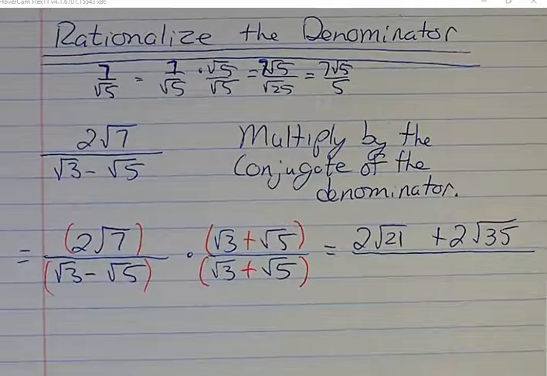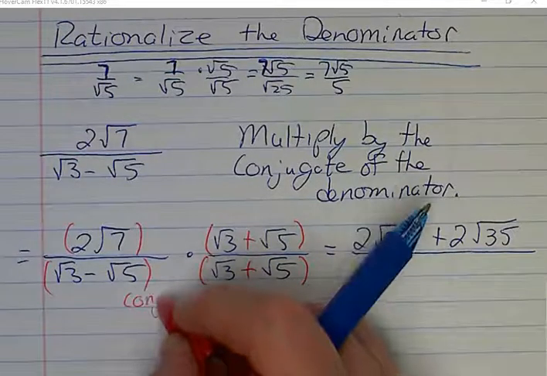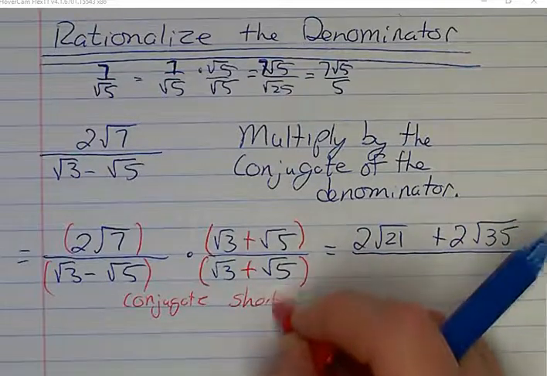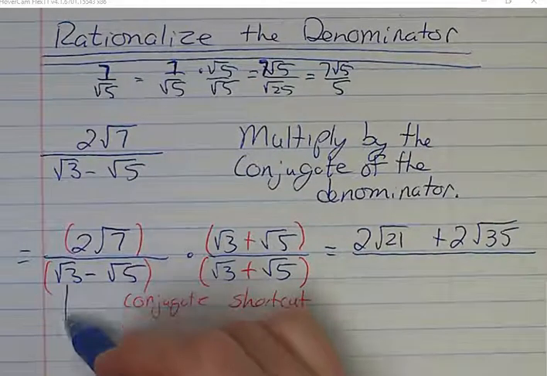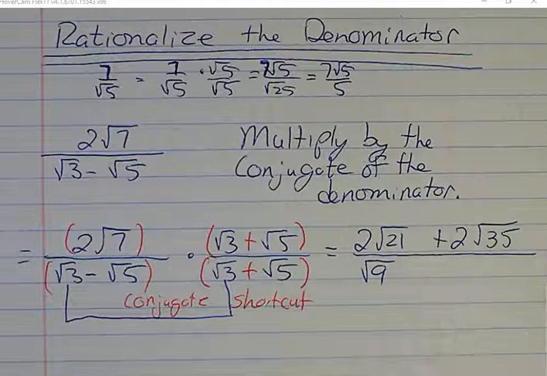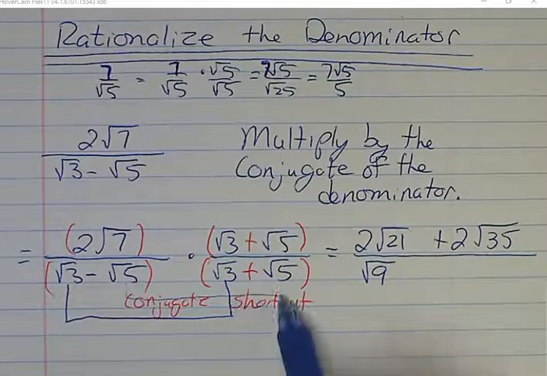Okay, and on the bottom one, we're going to do the conjugate shortcut. The conjugate shortcut says all we're going to do is the first times the first. So we're going to do square root of 3 times square root of 3 and make it square root of 9. And then you're going to do the other one, square root of 5 times square root of 5.